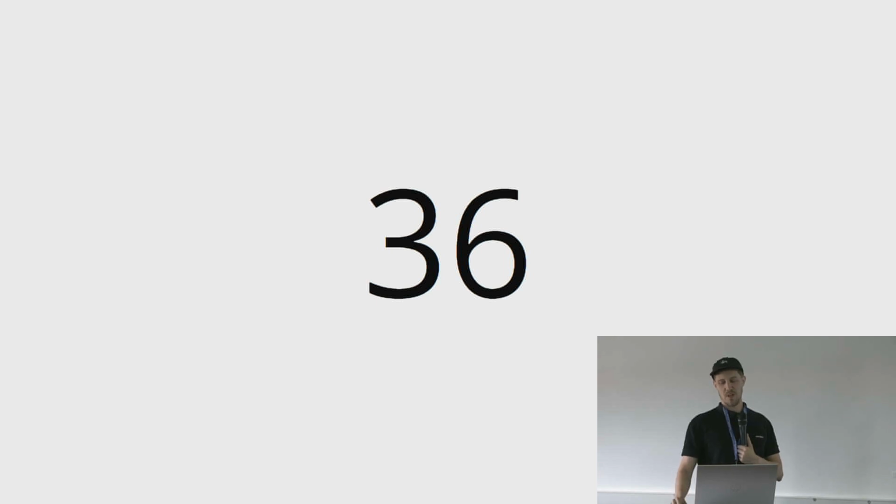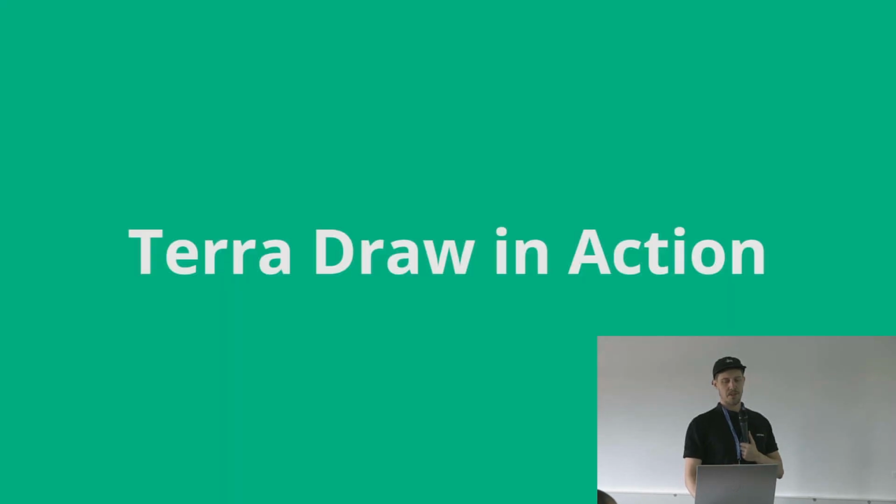I also added a bunch of different core modes, so things like rectangle mode, so you can draw a rectangle, or freehand mode, so you can draw a freehand polygon. There's all kinds of stuff that's come along in the last year, which I think has been a nice addition to the library.